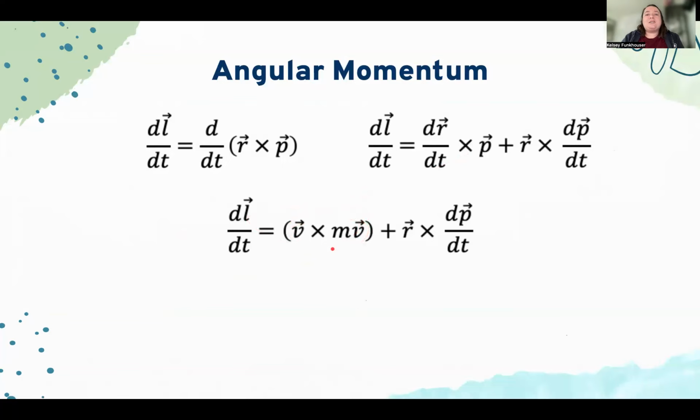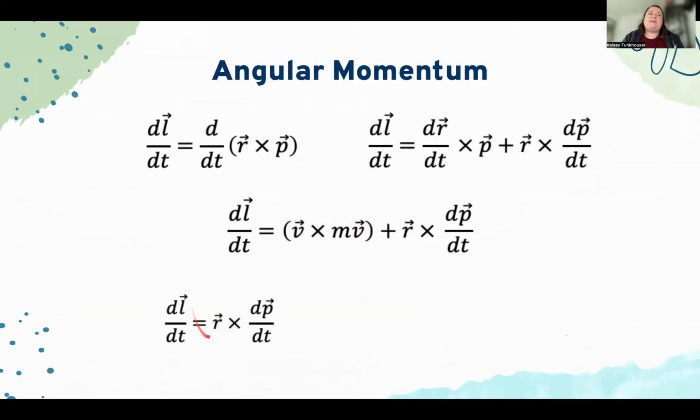But the cross product of two vectors pointing in the same direction is 0. And velocity is literally, these are the same vector. So this term goes away, it's just 0.